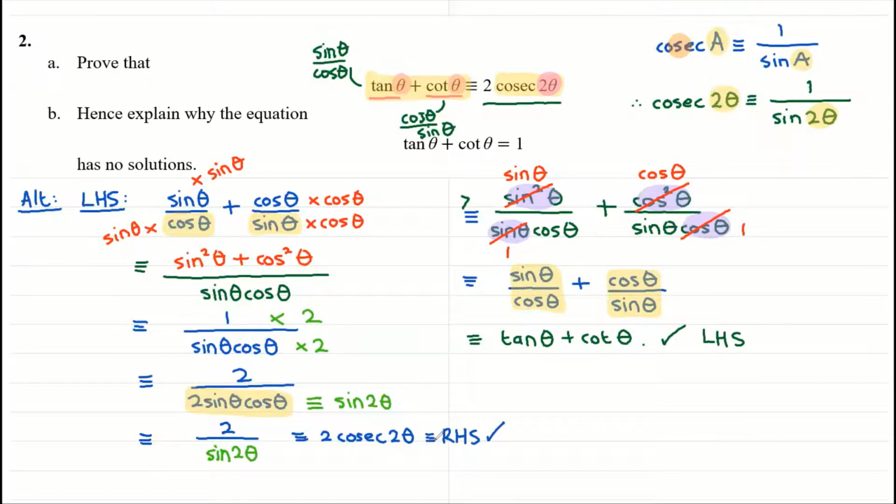Now, just to finish this question off, it says explain why the equation has no solutions. Well, it's quite a simple answer to this, and you just use the identity that you've just proven. Now, if you didn't successfully prove the identity, don't worry, because you don't have to.